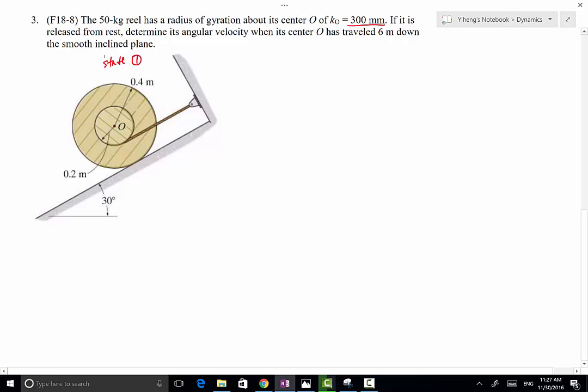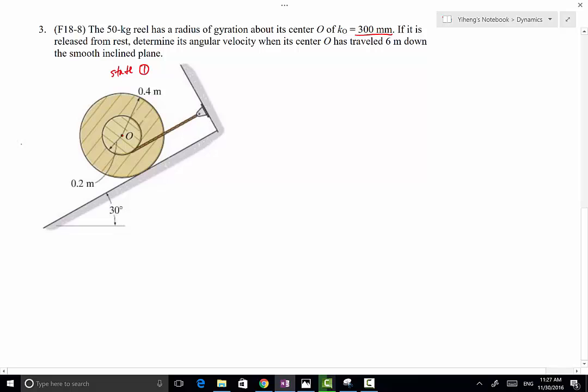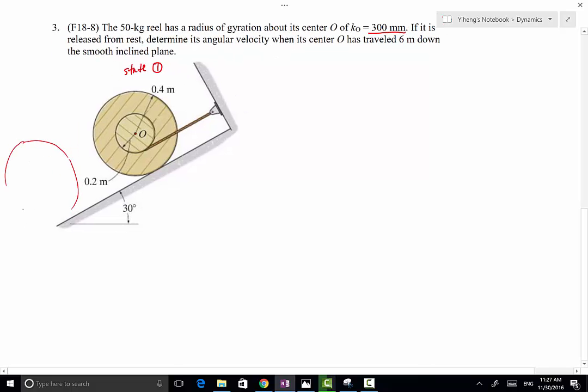So for the final state, this reel has rolled down and its center has moved down the hill by 6 meters, which means that vertically, the vertical displacement is 6 meters times sine 30 degrees.